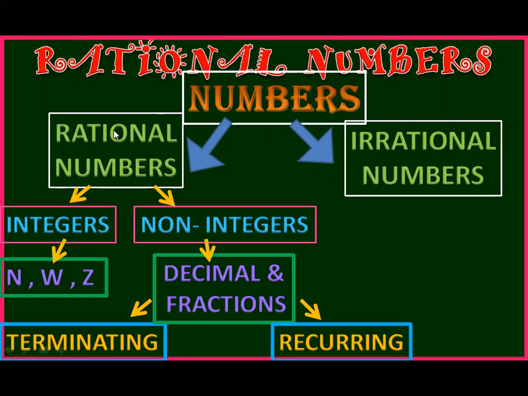So we are going to learn what a rational number is. Integers and non-integers, that is decimals and fractions, are also rational numbers. Rational numbers can be represented in the form of a by b, that is, in the form of a fraction where the denominator is not equal to 0.